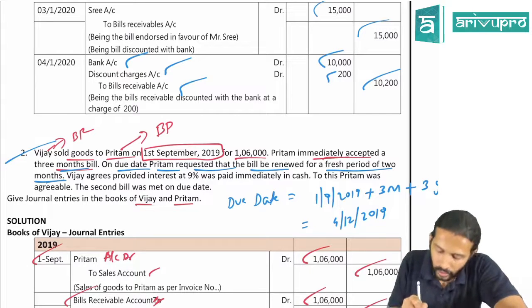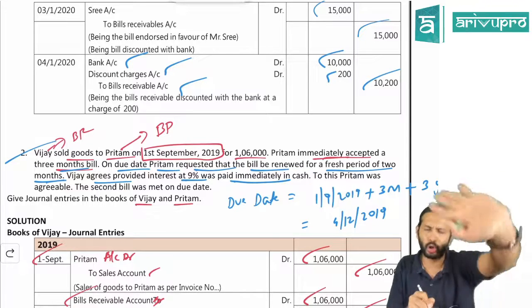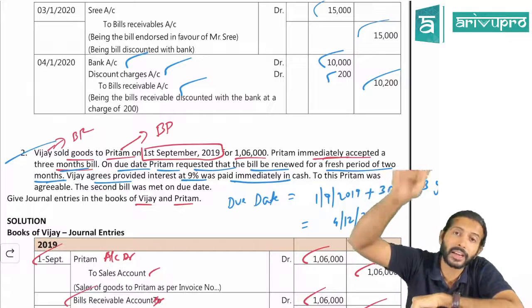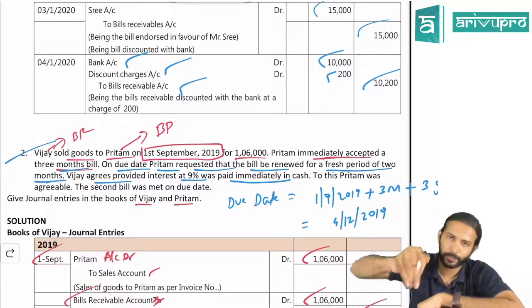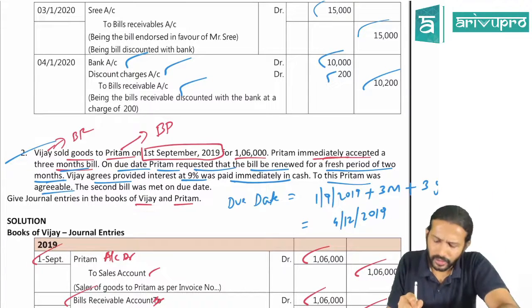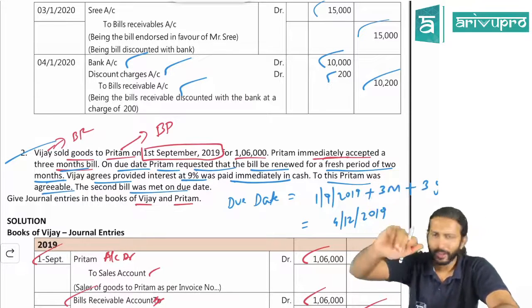Vijay agrees, provided interest at 9% is paid immediately in cash. Vijay told him, no problem, I will extend, but since you are delaying the payment, I will collect interest from you, and you should pay me right now in cash. Preetham was agreeable. The second bill was met on the due date, meaning Preetham paid whatever he had to pay on the due date.